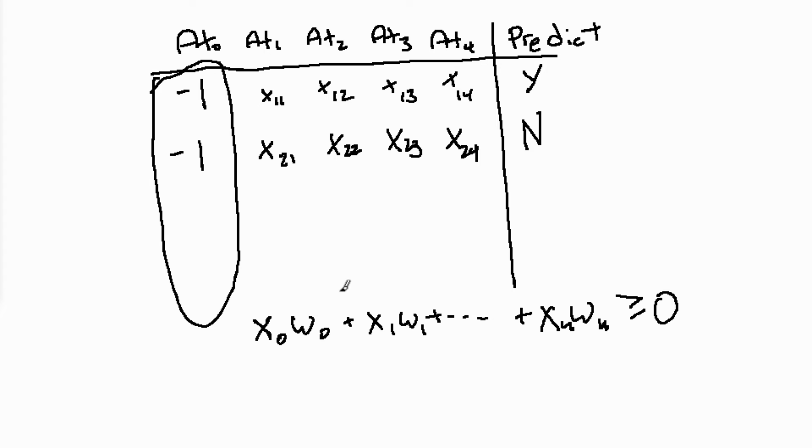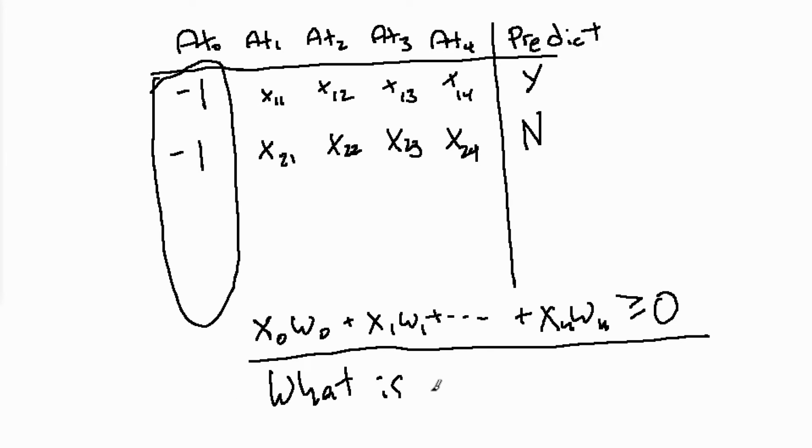In other words, what I'm trying to emphasize here is that I've got n plus 1 weights, w0 through wn, and I have these input values here, and I'm multiplying like this to see if it's greater than or equal to 0. And the question I have is, what is this? Okay, what does this thing look like?